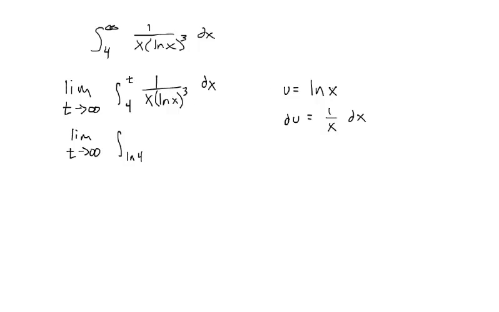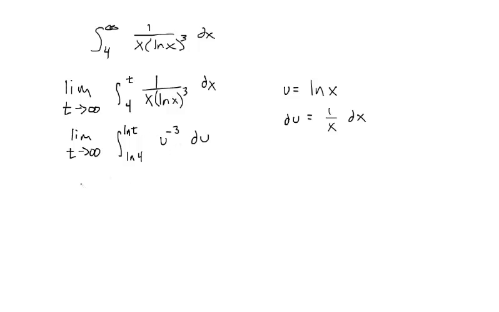And when we put t in for x, we get ln of t. And then when we do our substitution, 1 over x dx all becomes du. So what I'm left with is 1 over u cubed. And I'm going to write that as u to the negative 3 du.